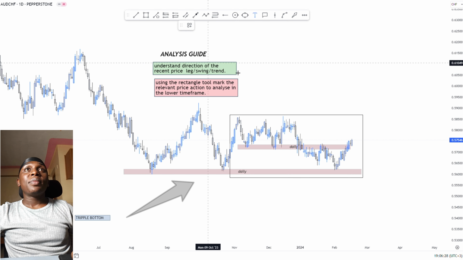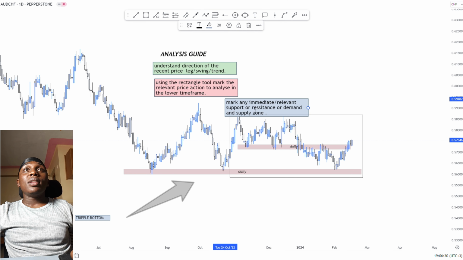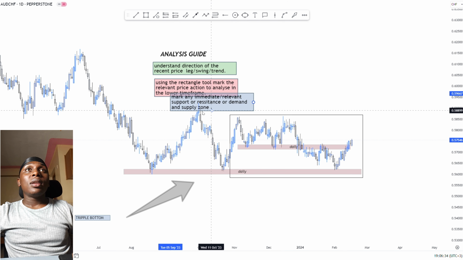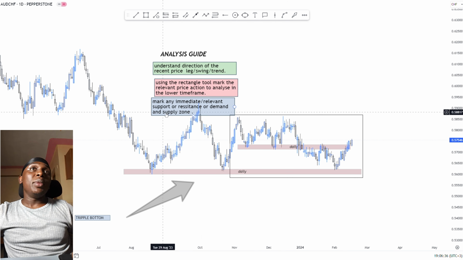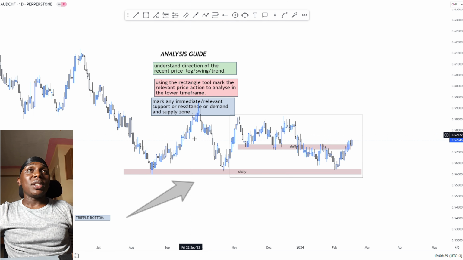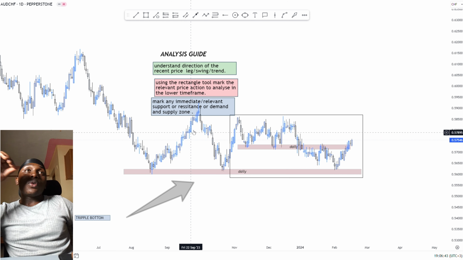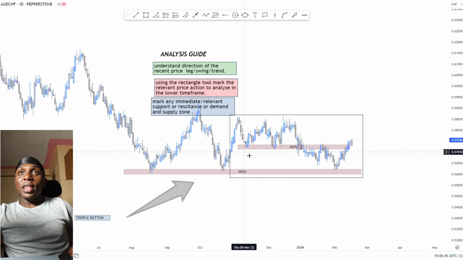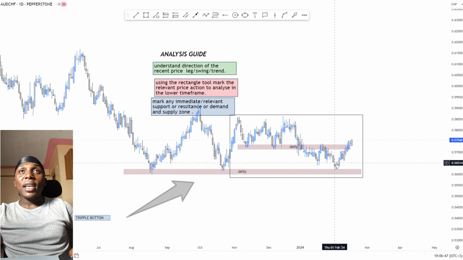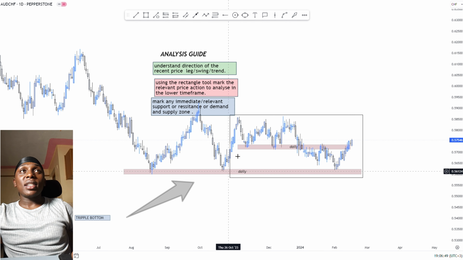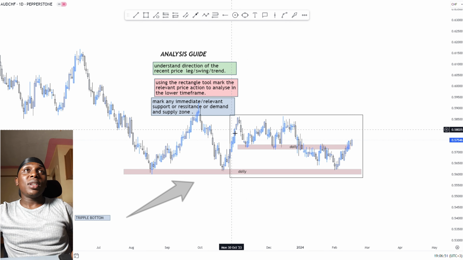So with that said, we'll go to our third step in the daily time frame, which is to mark any immediate or relevant support or resistance, or demand and supply zone. After looking at the recent price leg and marking it with this rectangle tool, the next thing you want to do is mark any support or resistance, demand or supply zone.